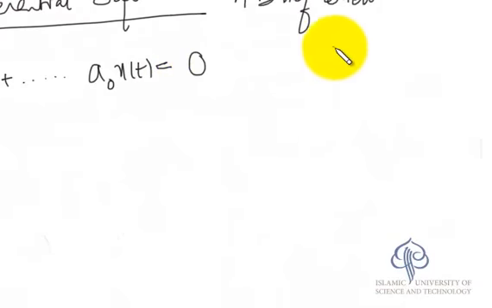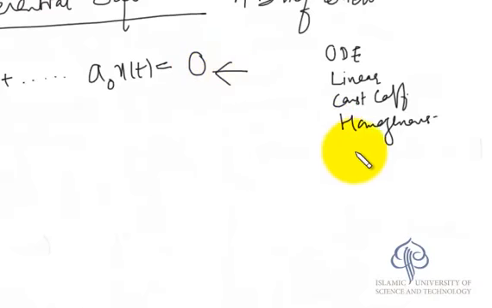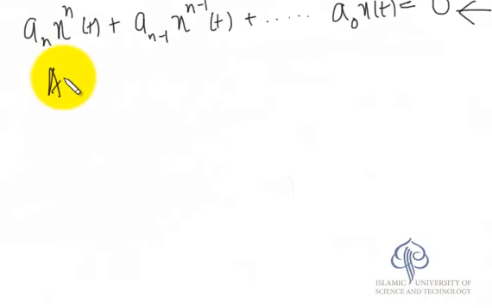It's an ordinary differential equation which is linear, which has constant coefficients, and which is homogeneous, in the sense that the forcing function is identically 0. F(t) is identically 0. So you assume a form of the solution.